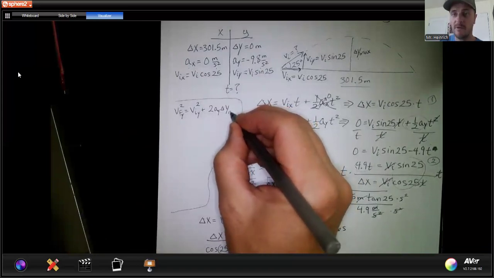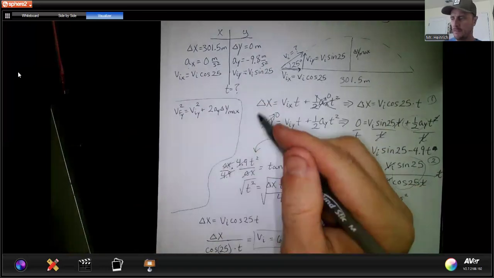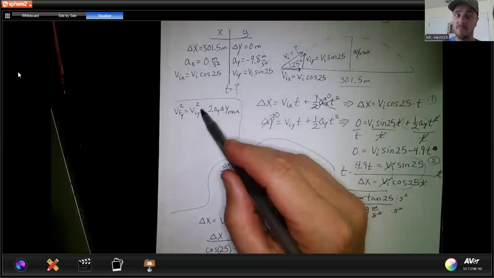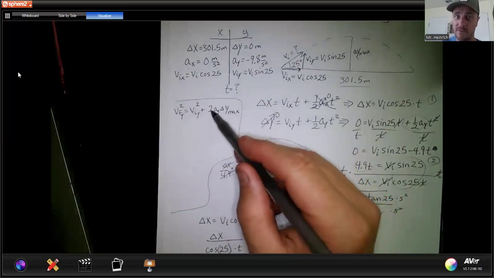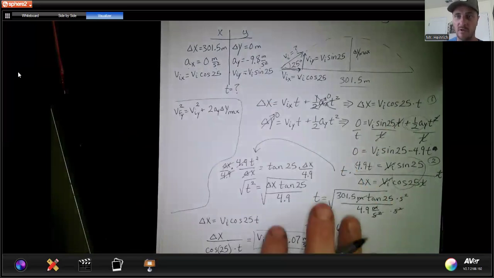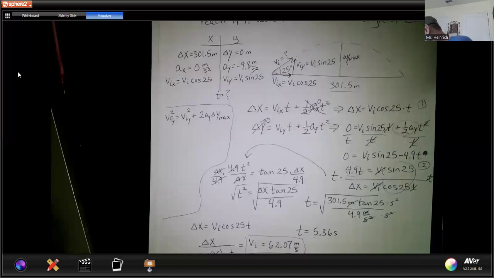Now check it out. I'm going to say max. You might say, well, that seems arbitrary. Well, you can as long as you put the right parameters in for this stuff. You need to realize, and the hint was in the problem in the book. I didn't write it up here, but the hint says at the top of its flight, the ball's vertical velocity is 0, right?